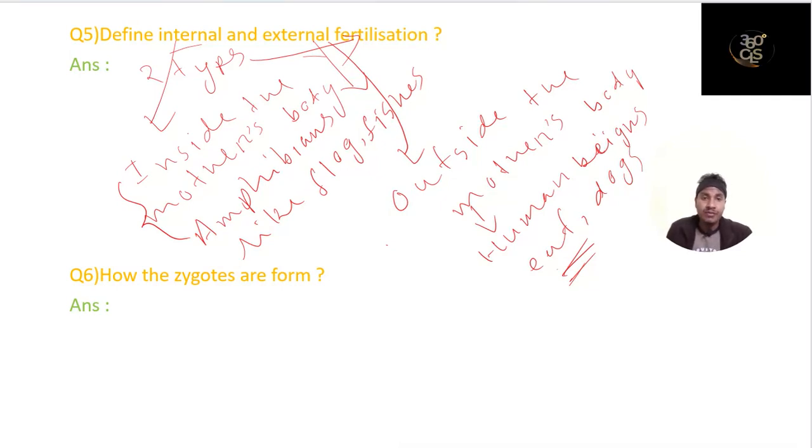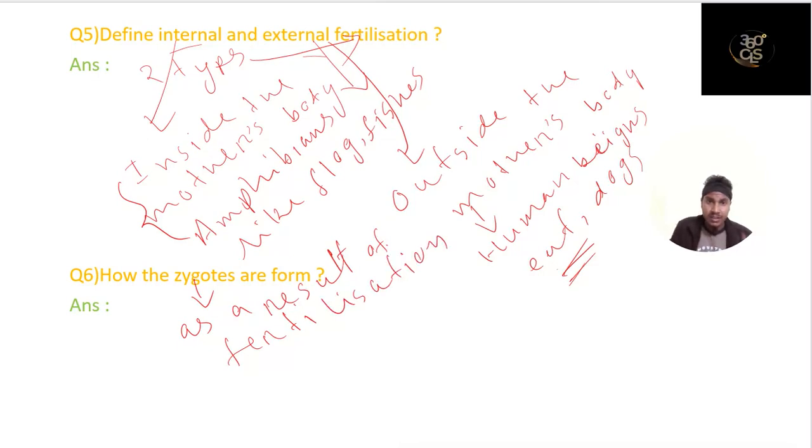So the next problem is how the zygote is formed. Zygote कैसे form होता है? Zygotes are formed as a result of what? Result of fertilization.